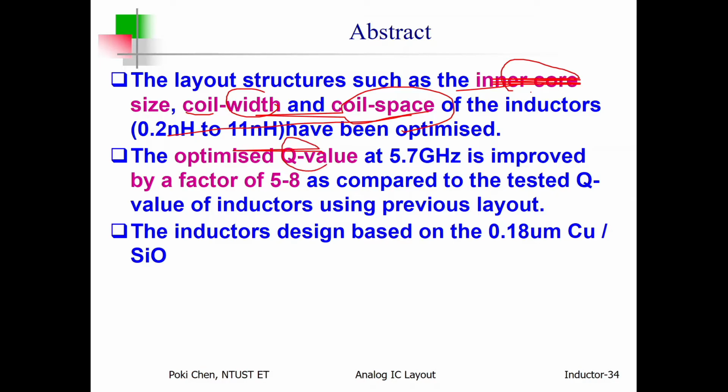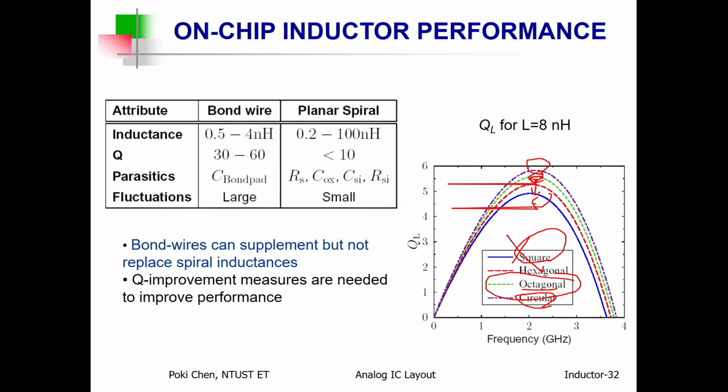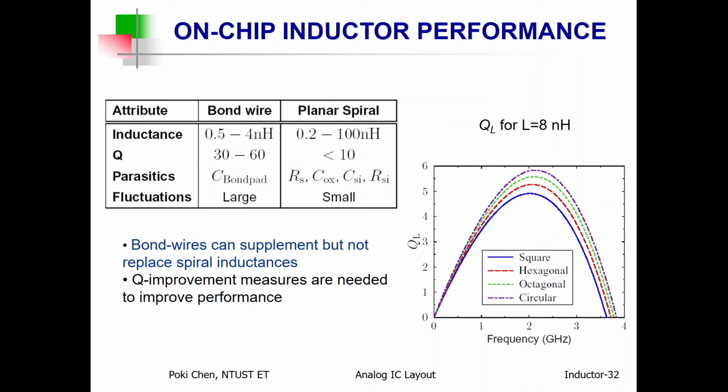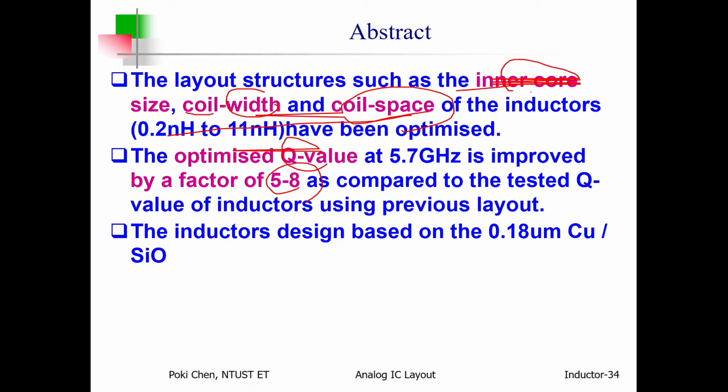So according to this paper, the Q factor can be increased by 5 to 8. Wow, why not? If you look back here, even for the circular, the Q factor is less than 6. So an increase of the Q factor by 5 to 8 is huge.